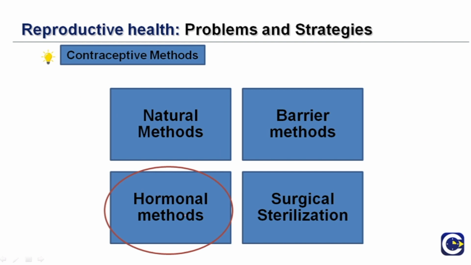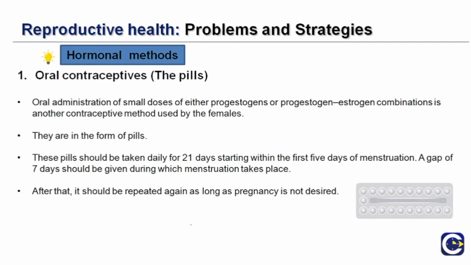Another method of contraception is the hormonal methods. That is the third type of methods we are going to talk about, and we will see how the hormonal methods are achieved and the mechanism behind it. First we talk about the oral contraceptives, and since they are taken orally, they are commonly known as pills.